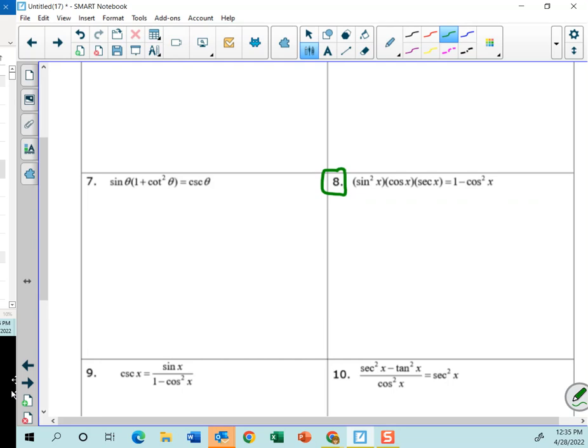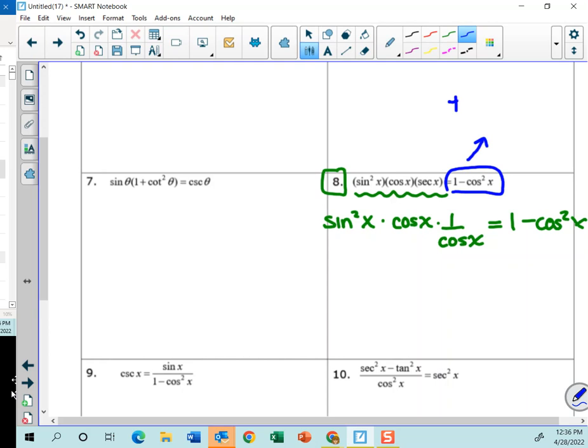In this case, I tend to think about the left side of this, a big product, as more complicated. And if I attack the left side, I think maybe I'll do sines and cosines, because in my head, I'm thinking about 1 minus cosine squared.